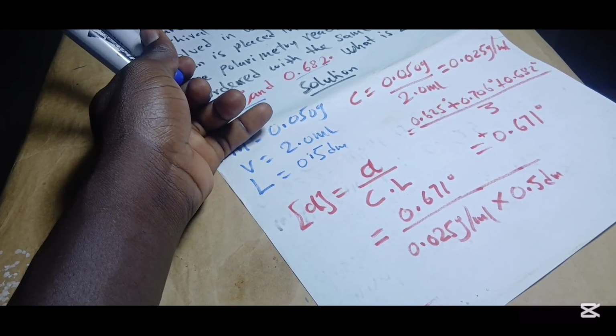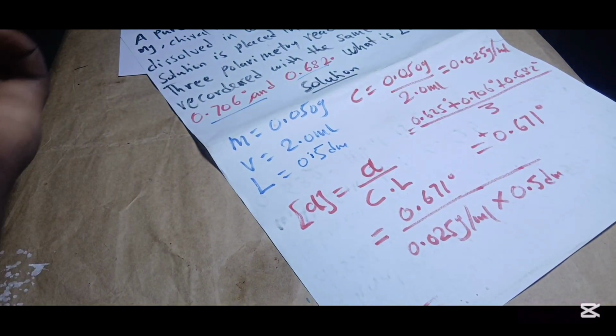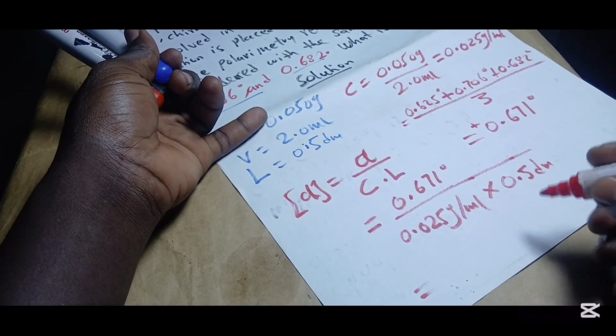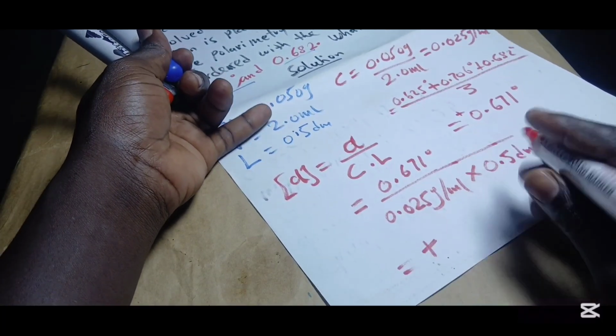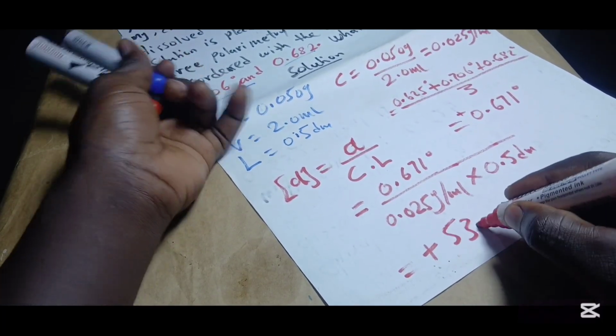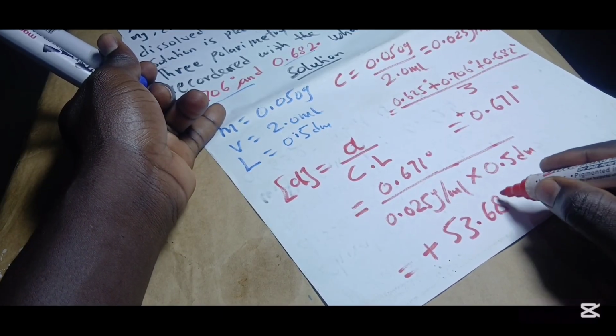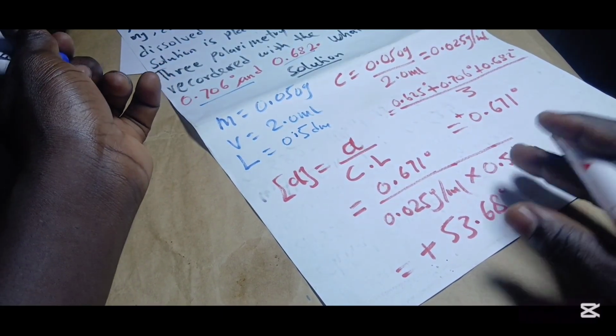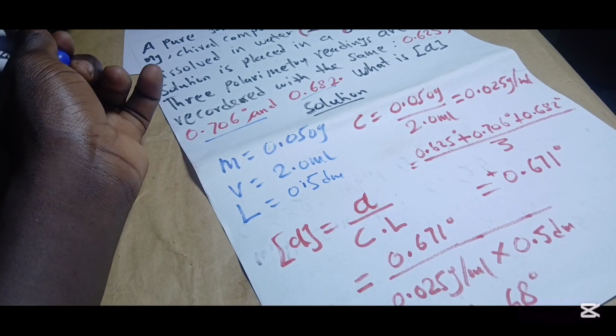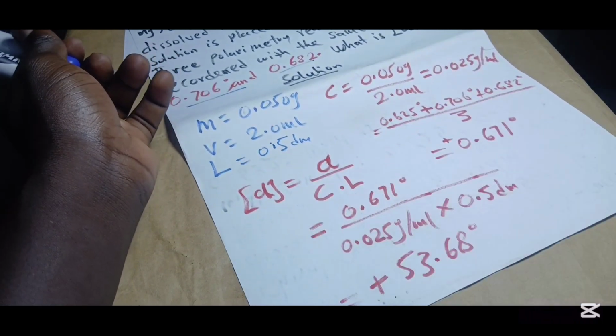So this will give us positive 53.68 degrees. That is the specific rotation for the chiral compound A.